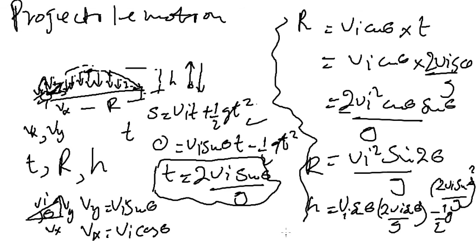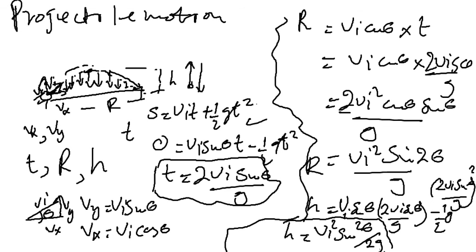If I simplify this expression, I get h. The height will be vi square sine square theta divided by 2g. So this is my expression for h, and this is my expression for range.